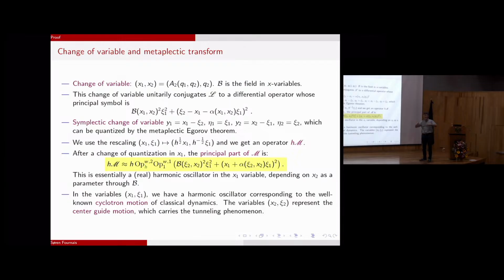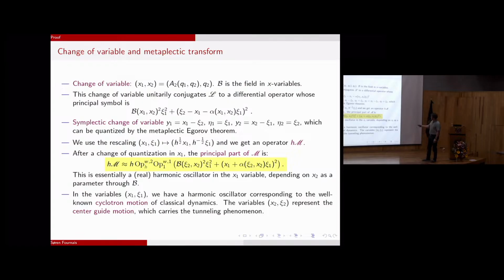If you do the same thing in this setting, then this Fourier transform and translation, you can think of it as a symplectic change of variables, a change of variable on phase space, not just on space. You can implement it by a unitary metaplectic transform, so you have an Egorov theorem, and you can calculate explicitly what it gives.